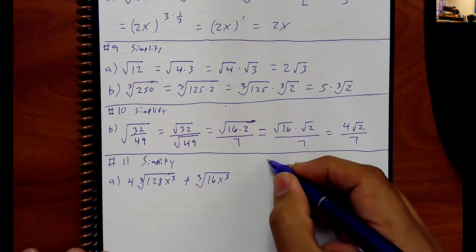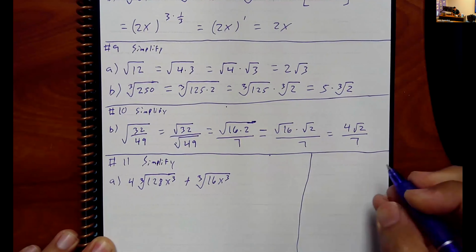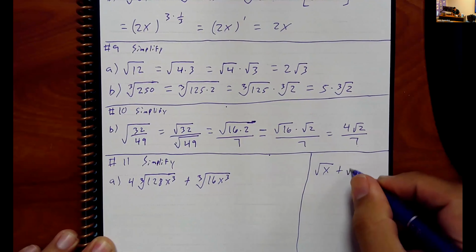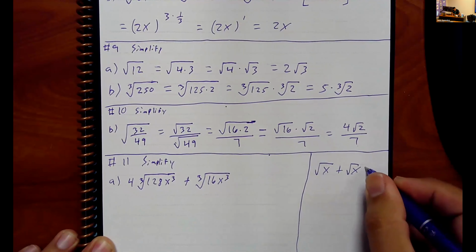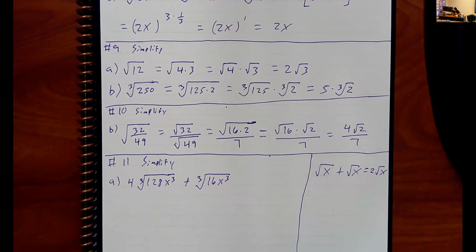So I'll make you a side note here. You can only add radicals that are the same. Square root x plus square root x is 2 square root x, because there's 2 of them.